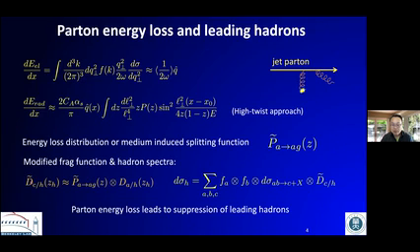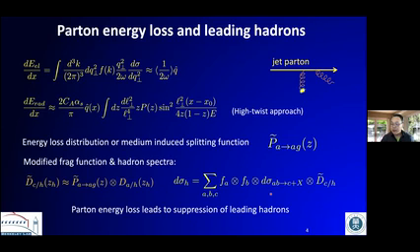With this modified fragmentation function, you can of course calculate the medium-modified high pT hadron production in the leading order form of the collinear factorized high pT hadron production process.